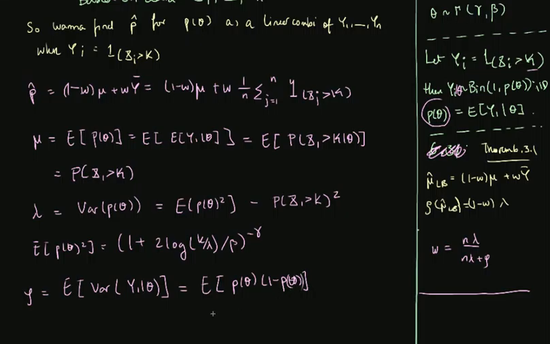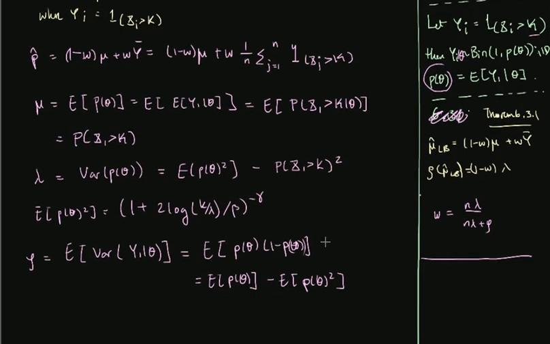And what we see now is I get the mean of p of theta, which is equal to mu, and which I have an expression for, minus the mean of p of theta squared, which is equal to this expression that I have just found.